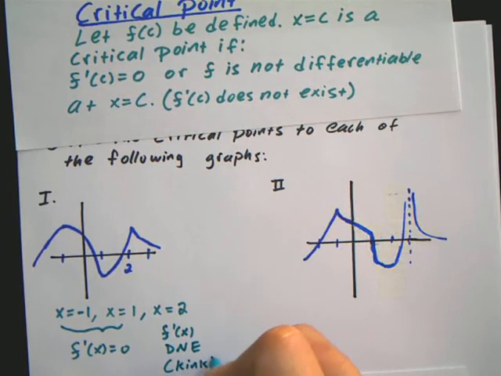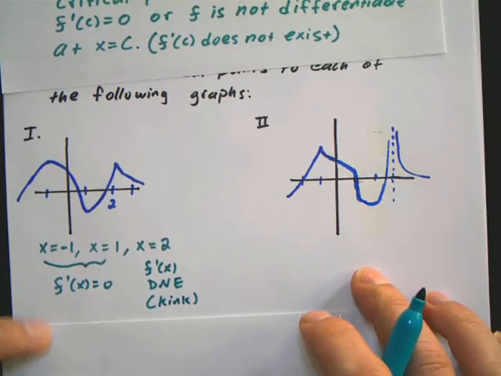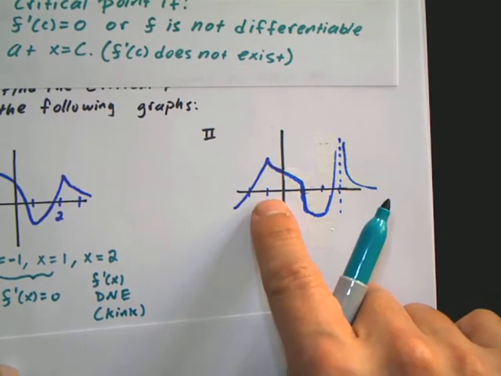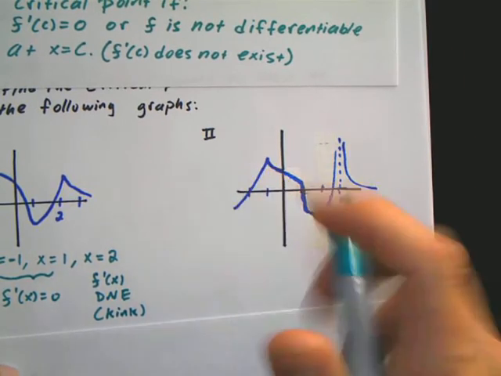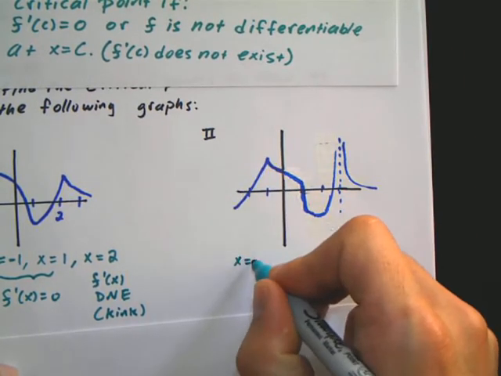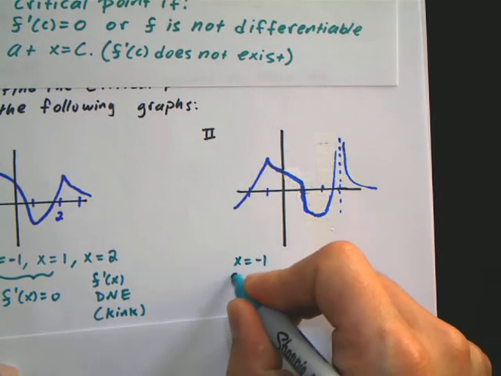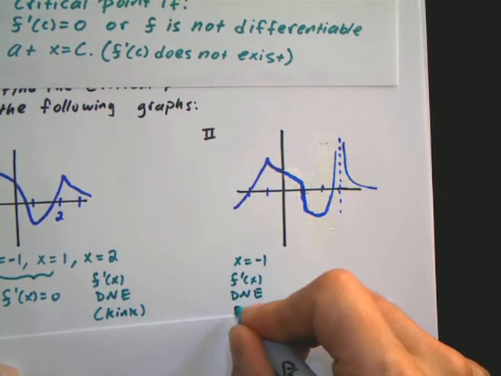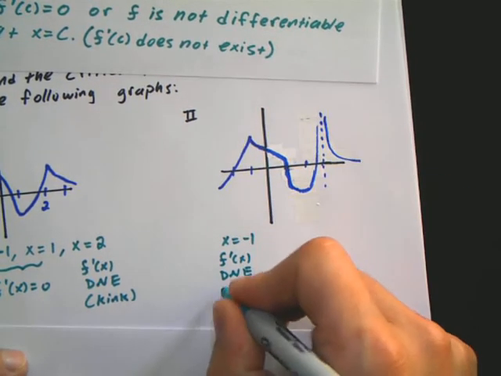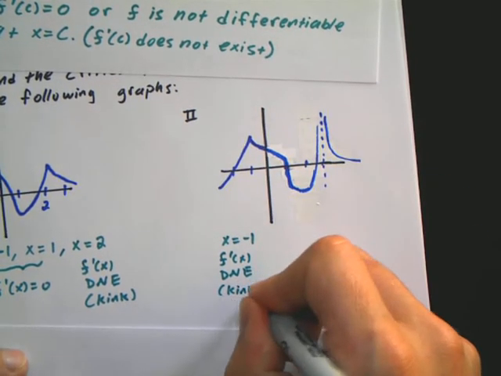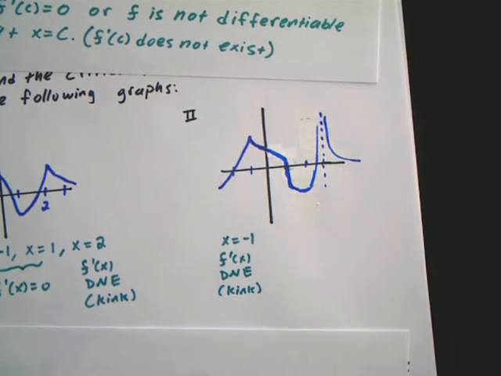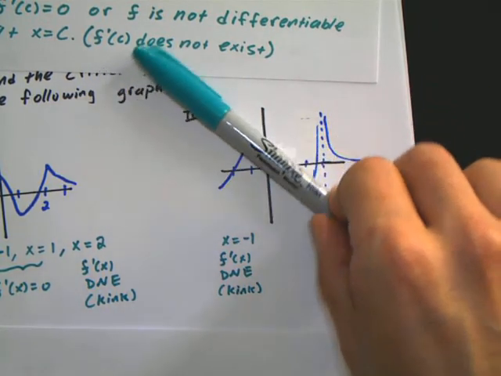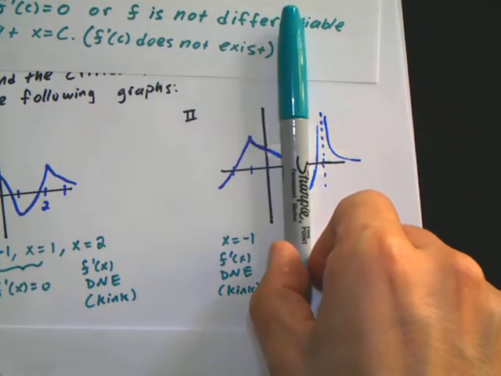Alright, now the second graph, similarly at -1 there's a kink. So x equal to -1, you would say that f prime does not exist due to a kink. And also at x equal to +1, if you travel along this way, at 1 there's a vertical tangent, which also would make it not differentiable.